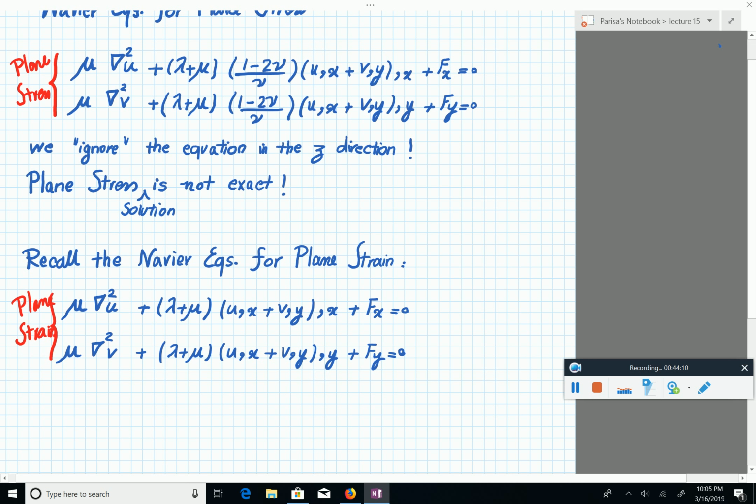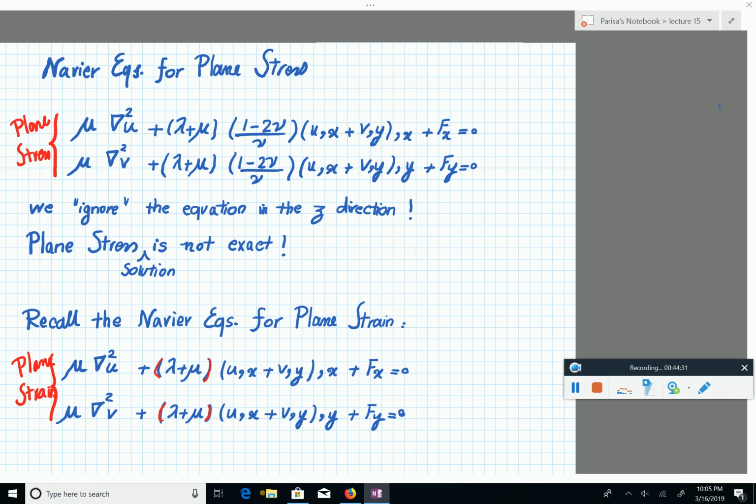Here we have lambda plus mu for plane strain, and for plane stress we have lambda plus mu times 1 minus 2 nu over nu, which can actually be simplified to E over 2(1 minus nu).